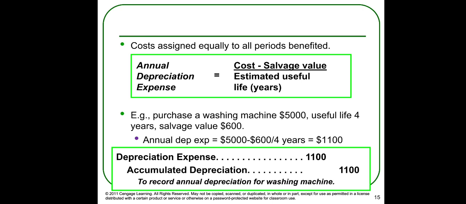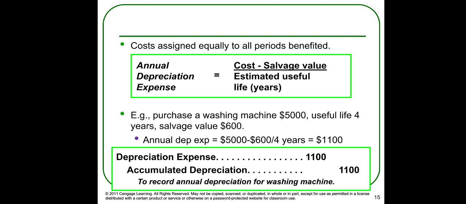The second step, you have to do the journal entry for this depreciation. How to do that? You have to memorize this. You have to debit depreciation expense 1,100, and then you credit an account called accumulated depreciation 1,100. The detail about this transaction is to record annual depreciation for the washing machine.